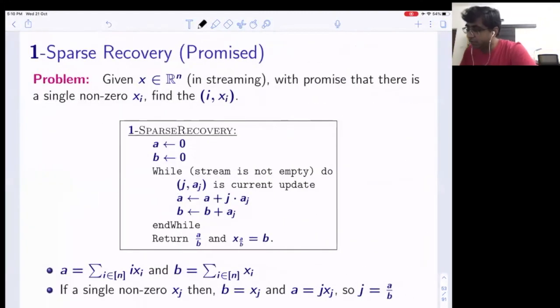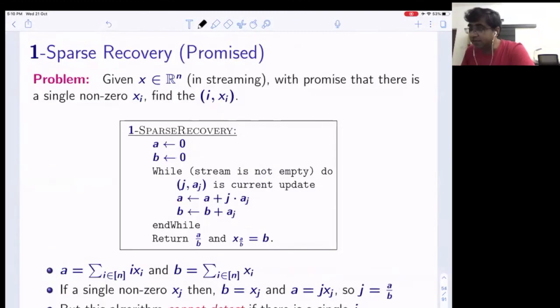Because what is A? Sum over i in n, i xi, and B, sum over i in n, xi. So if there's a single non-zero xj, then B will be equal to xj because all other sums become equal to 0. And what is A? All other i times xi is 0 except this j times xj. So j is nothing but A by B. So by storing this particular A and this particular B, I can recover the coordinate as well as the value, if I'm promised this happens.